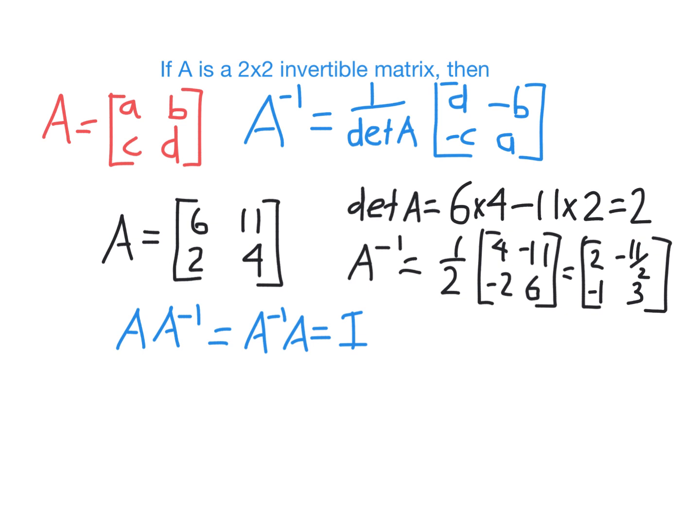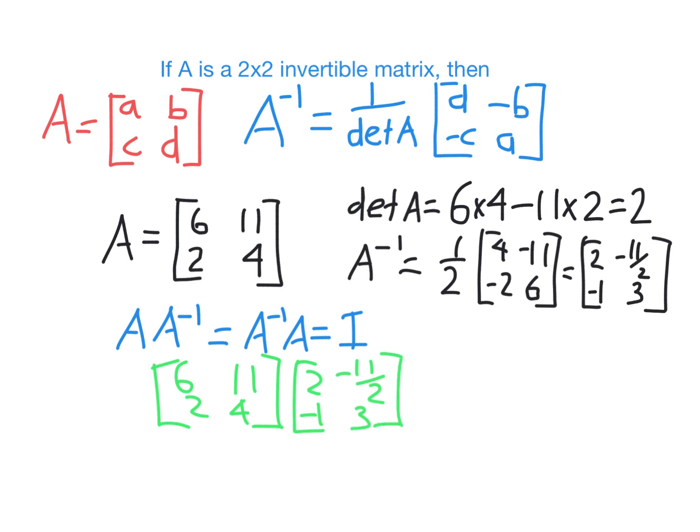So just to show you this, if I take my matrix A, which was 6, 11, 2, 4, and I multiply by A inverse, which I calculated was this, we should get an answer I. So we know that if I multiply together these two matrices, I'm going to get another 2 by 2 matrix. So I need to find entries that go in each of these boxes.